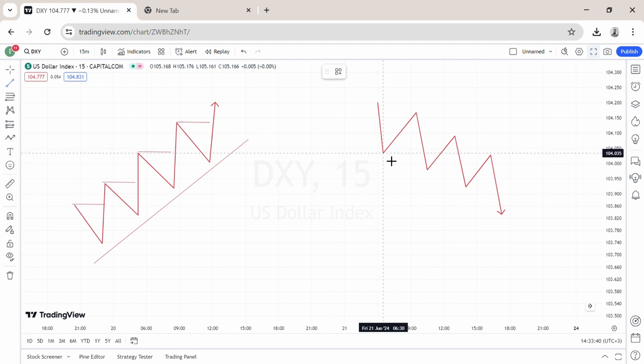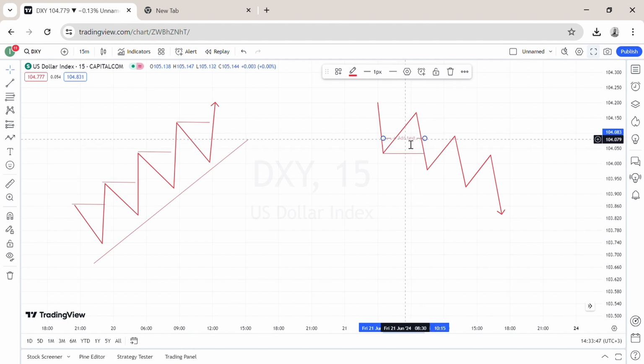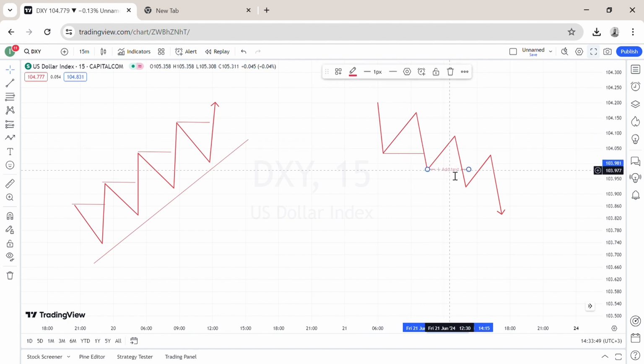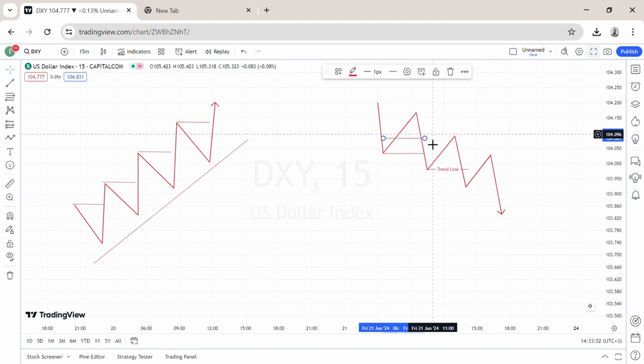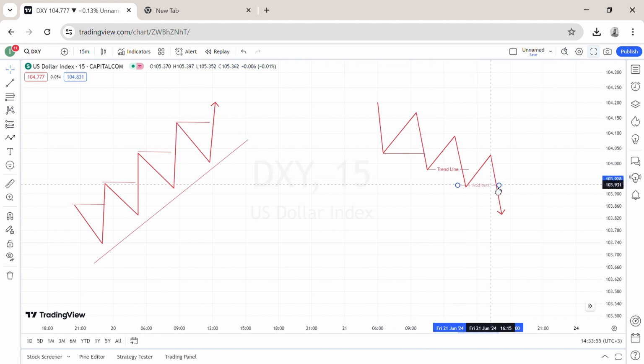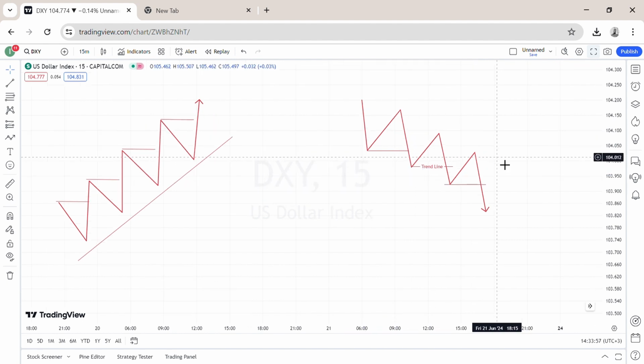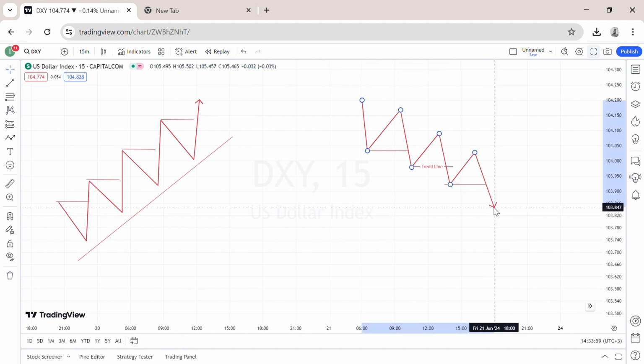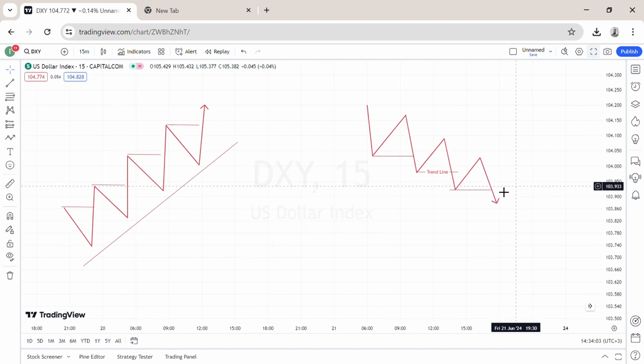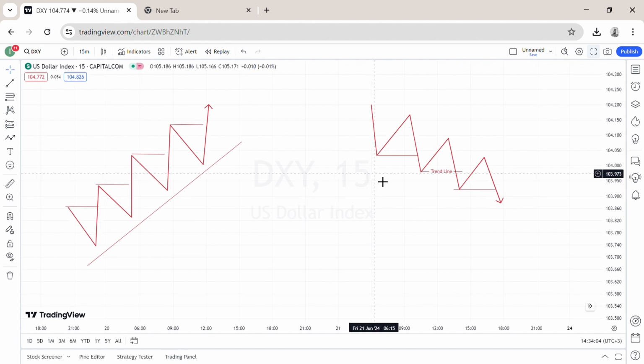Because every time you see a break of structure to the downside, it's a continuous break of structure to the downside, and this tells you that this is a bearish market. Up to this we are together, right?